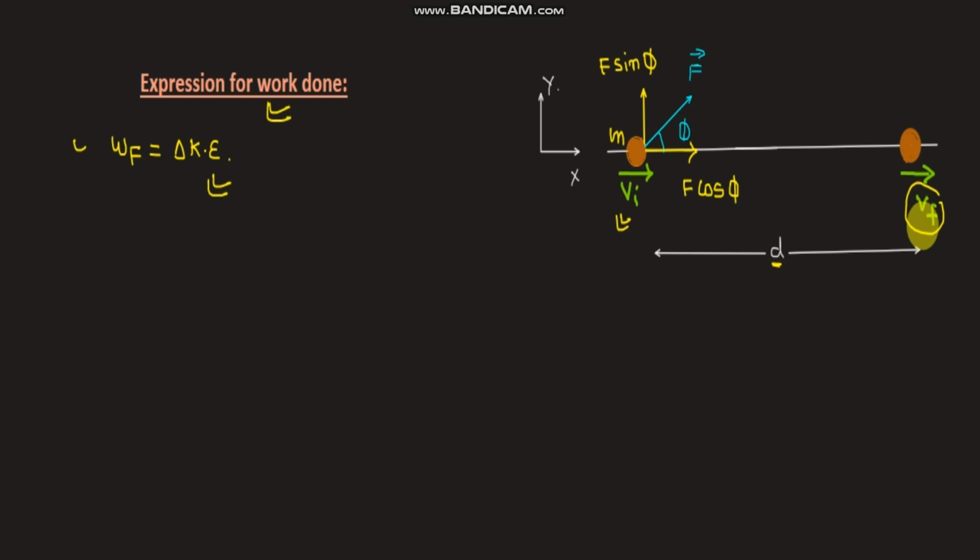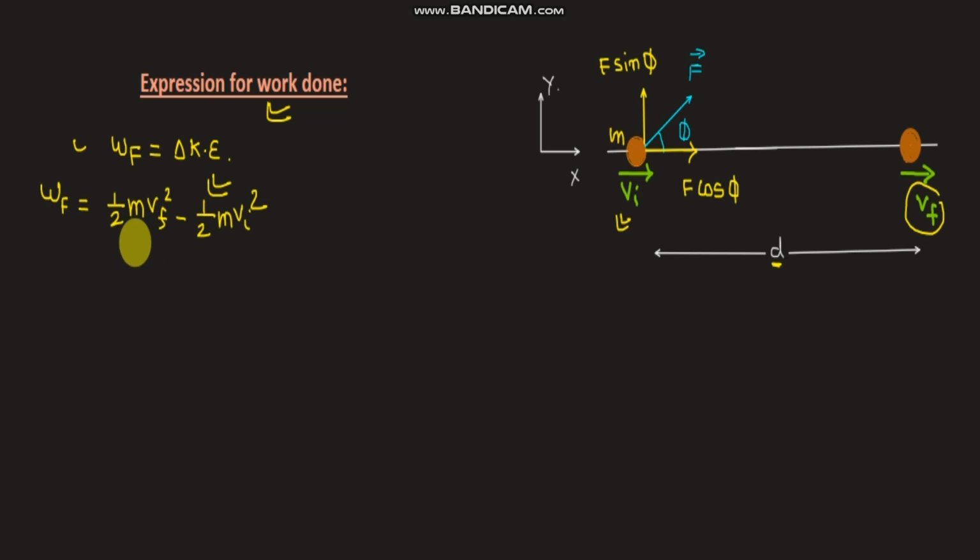Definitely the final velocity would have changed because a constant force F has been applied to this spherical ball, and we need to find an expression for work done. We will utilize this work kinetic energy theorem to find this expression. We can begin with: work done by this force F is the change in kinetic energy, that we can write as half m v final square minus half m v initial square.